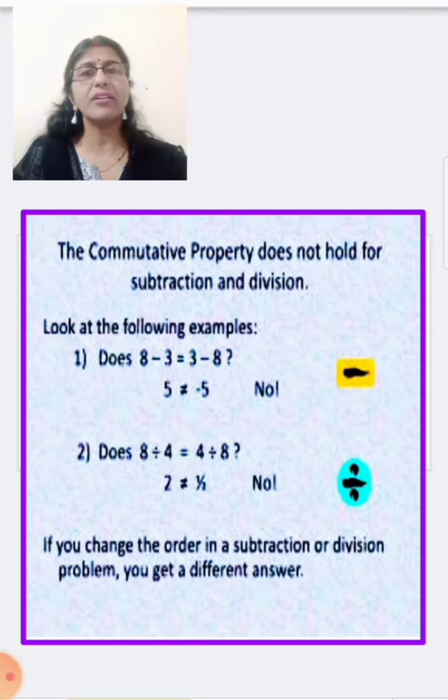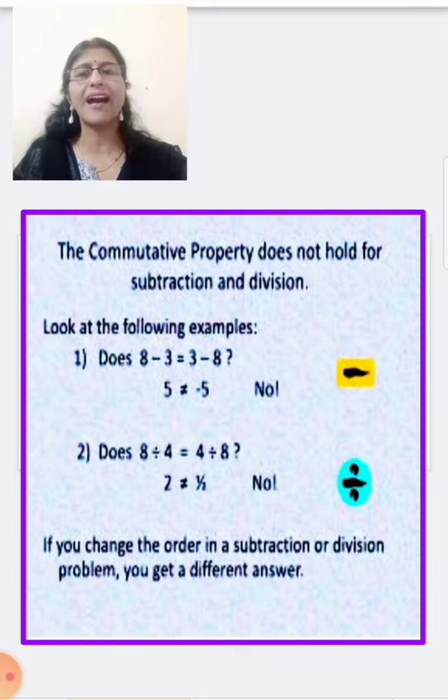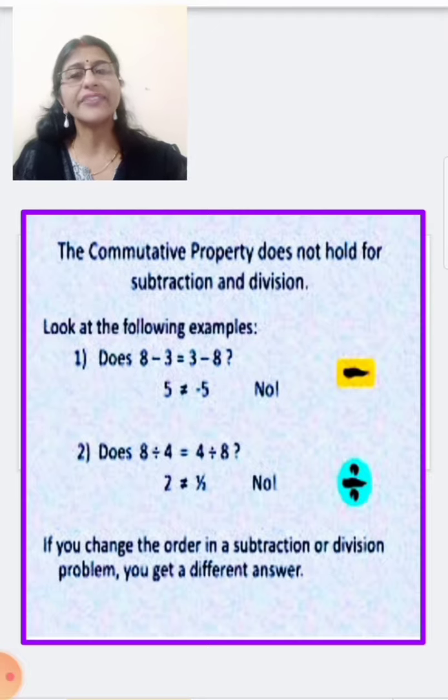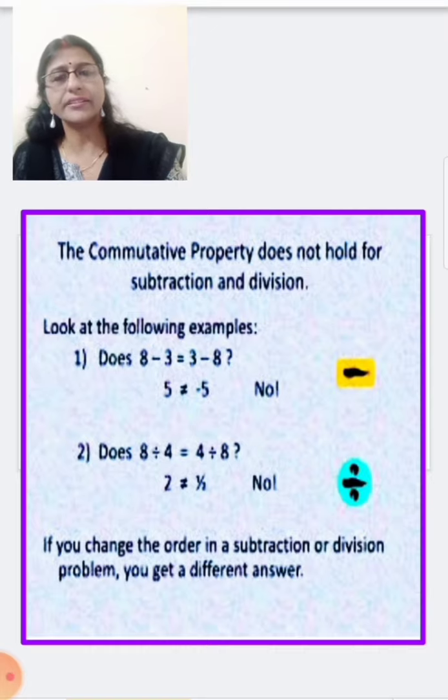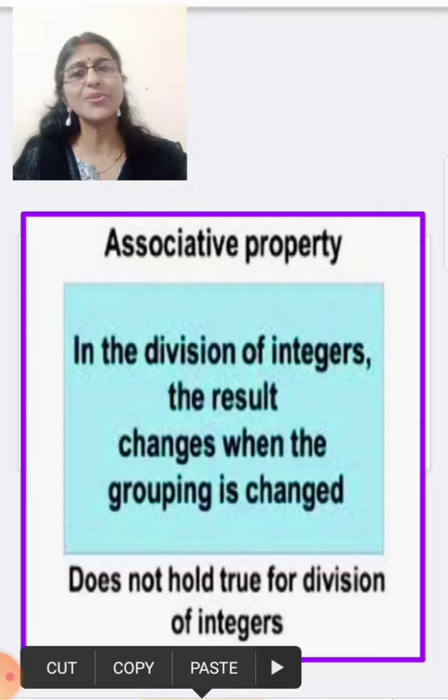Now when we are dividing, 8 divided by 4 gives 2, but when we divide 4 by 8, we get half. So if you change the order in a subtraction or division, you get a different answer. This tells that division is not commutative for integers. Now let us go to the next example, that is the associative property.